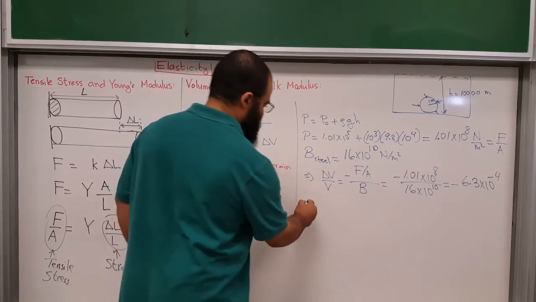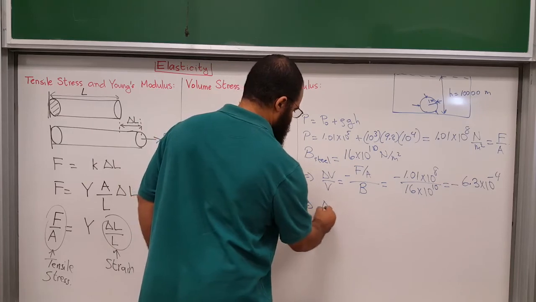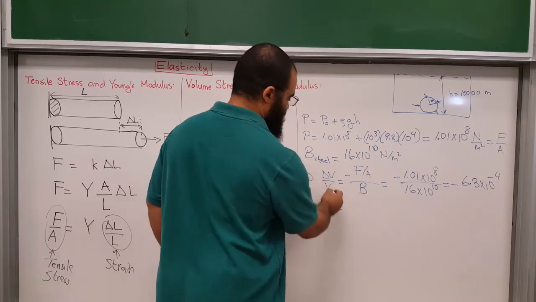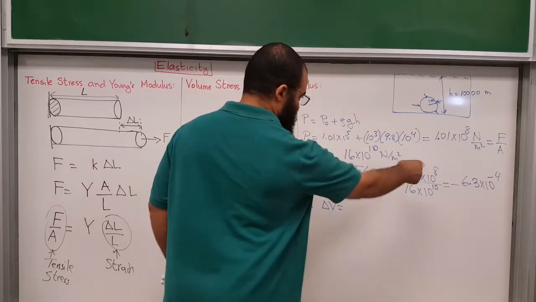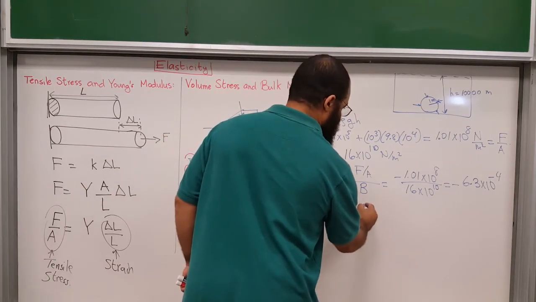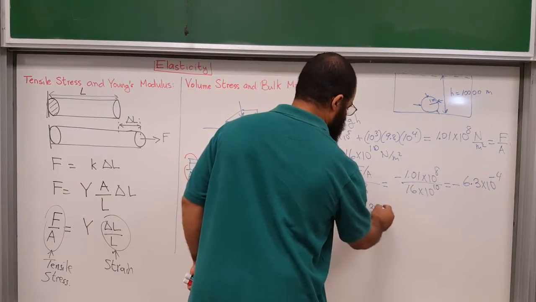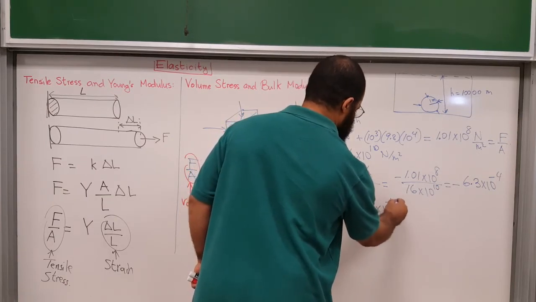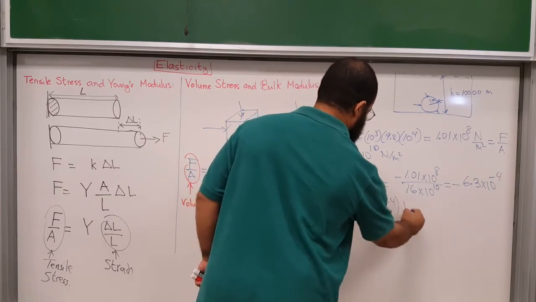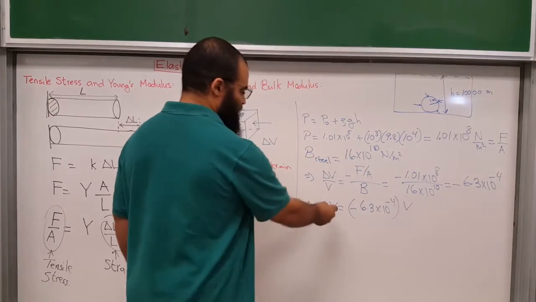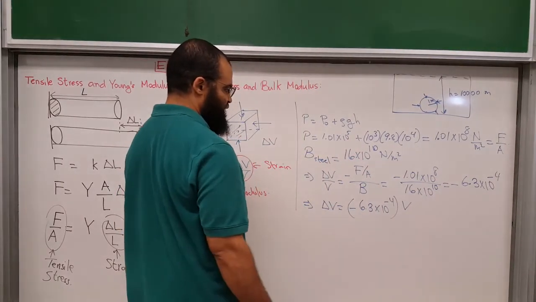So delta V, by how much did it change? Well, it's equal to the original volume times that number. So it would be negative 6.3 times 10 to the minus 4 times the original volume. And delta V is the final volume minus the initial volume.